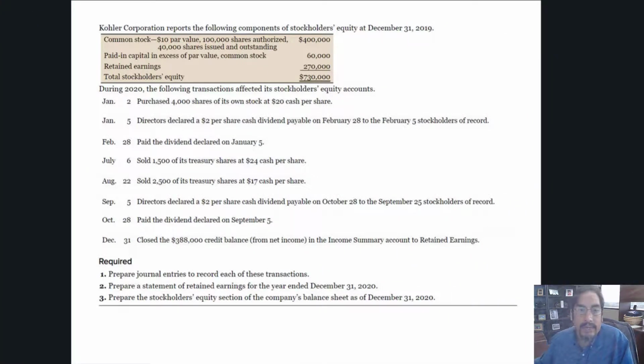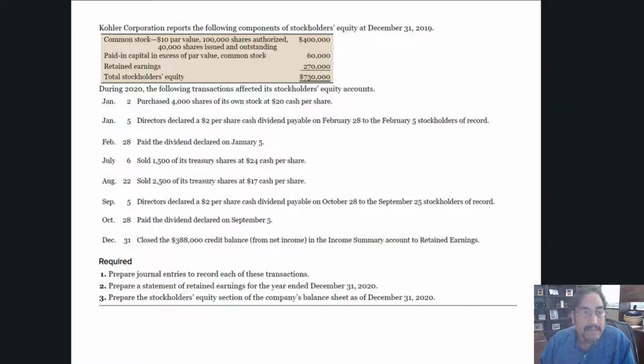Here's the next one. We're Kohler Corporation, and we've got the following components of stockholder equity at the end of 2019, so that's also the beginning of 2020. And then in 2020, here's some transactions that affected the stockholder equity accounts.